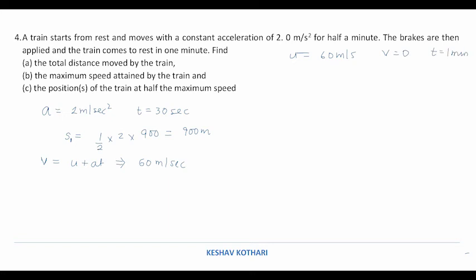So we mean to say that v equals u plus at. From here we get acceleration as minus 1 meter per second square.